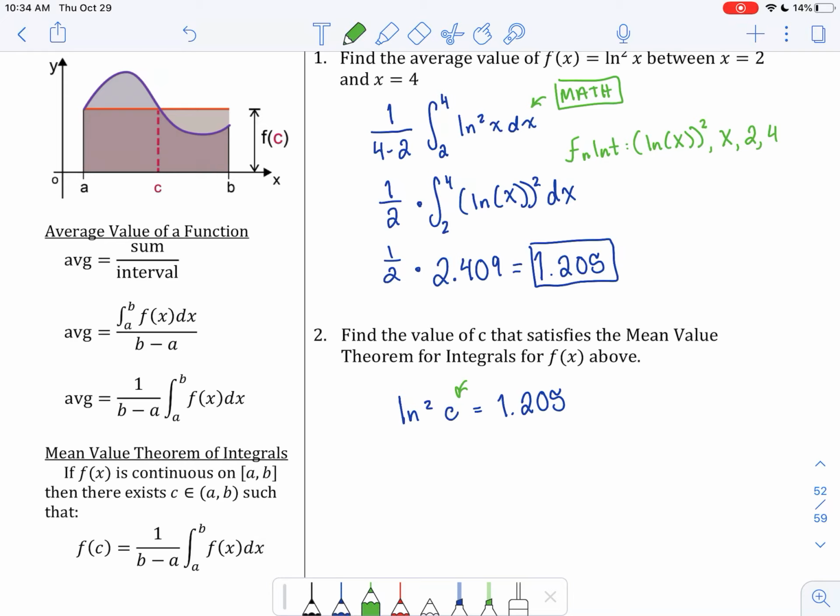Now if I'm solving for c, the first thing I'm going to do is take the square root of both sides, and that gives me ln by itself is equal to, I'm sorry, just using my calculator off to the side here, square root of 1.205, which would be, rounding it to 3 digits, 1.098.